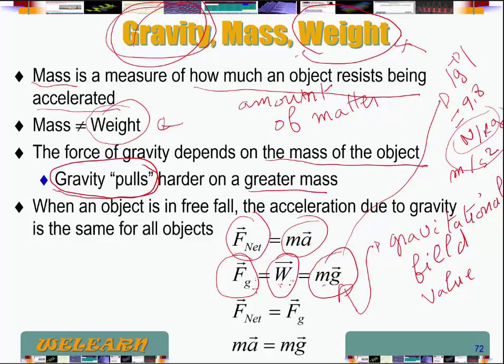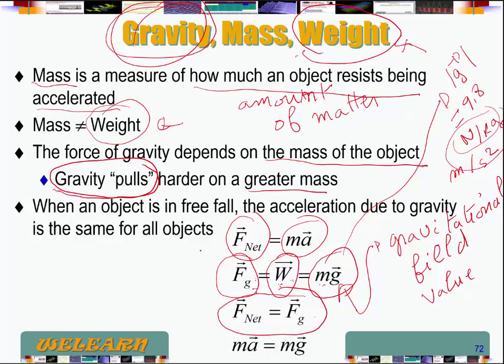So, to recapitulate, the force of gravity on an object, the gravitational force, which is the weight, is equal to m times g. Since it's the only force acting on the object, our net force is just mg.